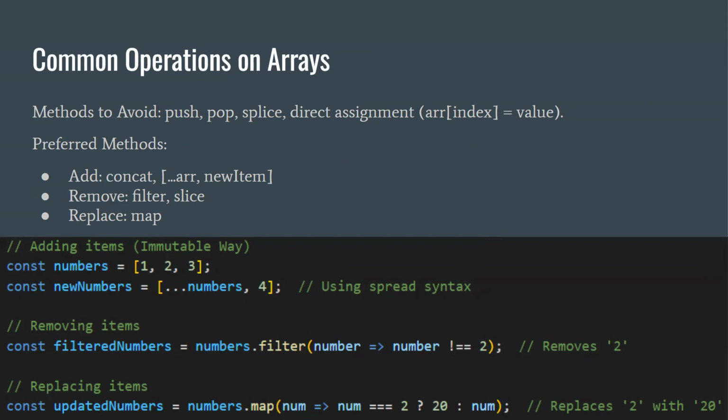In traditional JavaScript, methods like push, pop, and direct assignments are commonly used to modify arrays. However, these methods mutate the original array, which is not ideal in React. Instead, we should use non-mutating methods.